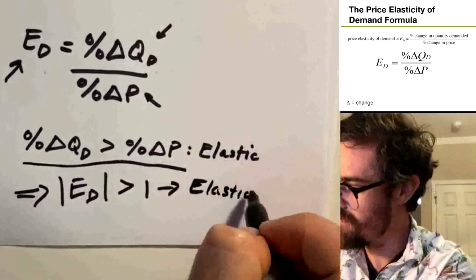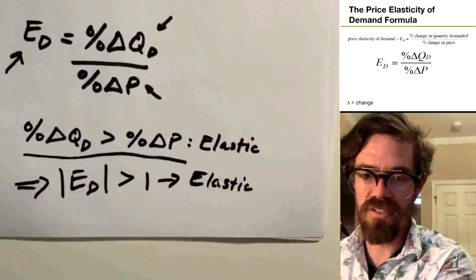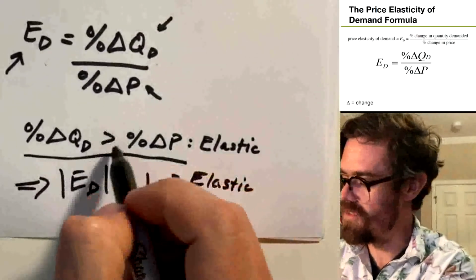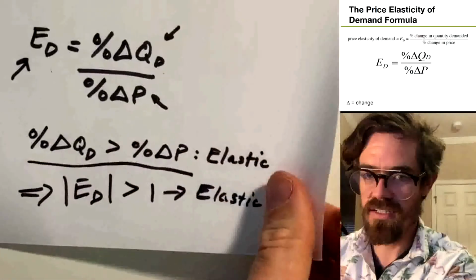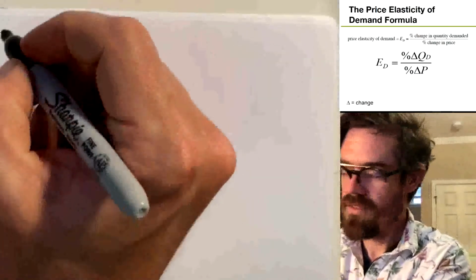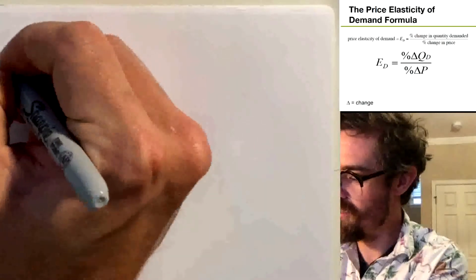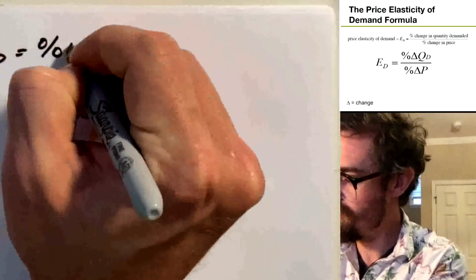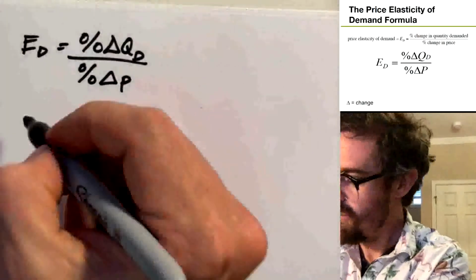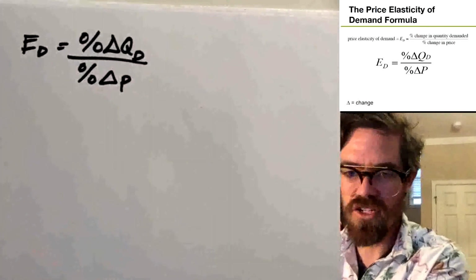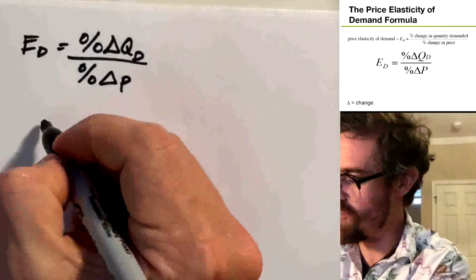Okay, so if the value of the number is bigger than 1, that means we have relatively elastic demand. Now, the opposite would be if we switched this around. Let me start over here and get a new sheet of paper. I'll write this formula again so we can see it. What if instead the percent change in price is bigger than the percent change in quantity?